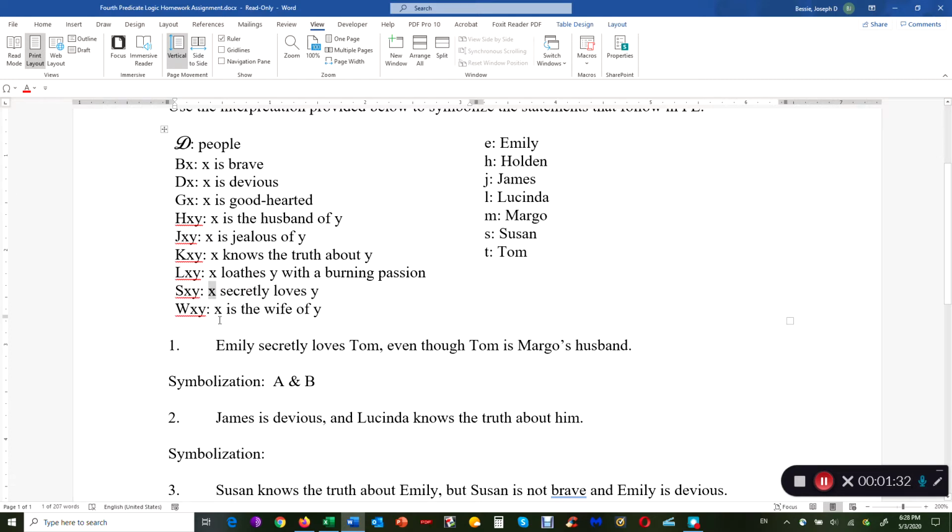We write S-E-T: Emily secretly loves Tom, even though, and that's just the and, Tom is Margot's husband. So HXY means X is the husband of Y. So H, Tom, Margot: Tom is the husband of Margot.